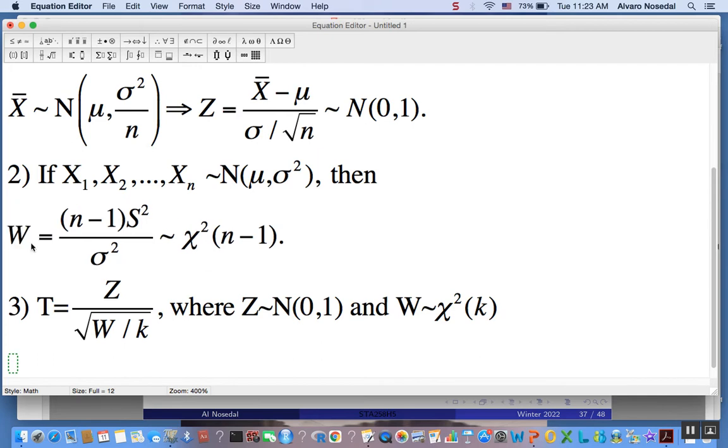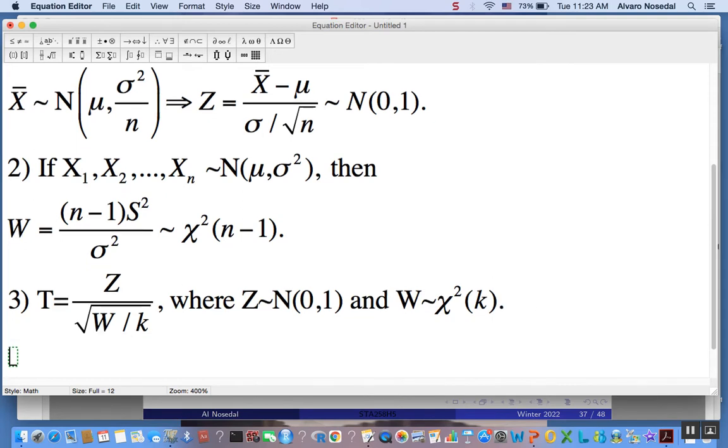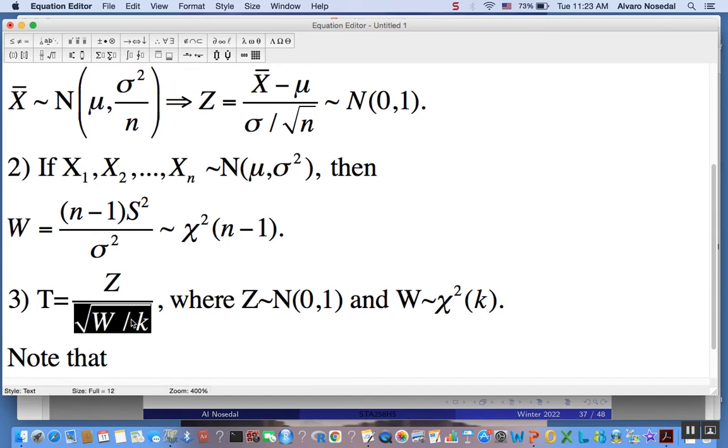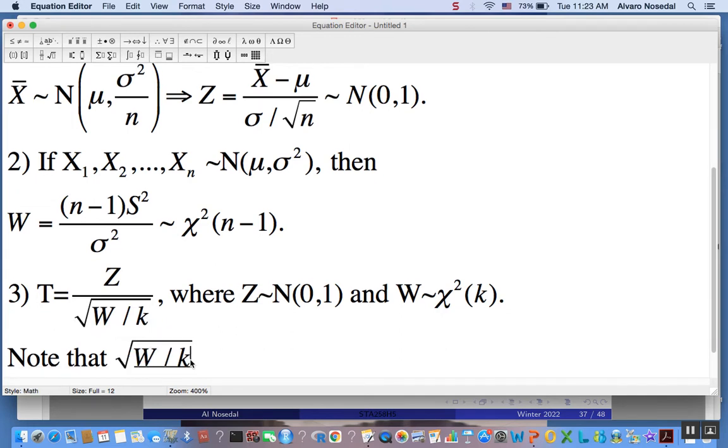Let's call this guy W, right? And note something interesting. If we define this guy as W, note that the square root, let me copy this guy here, let me do it like this.